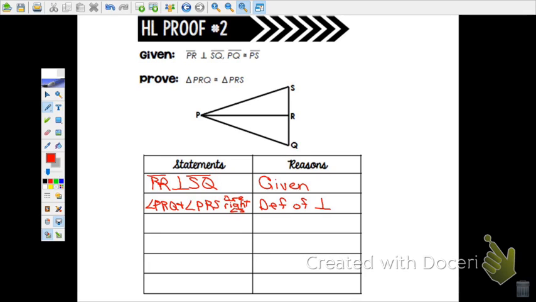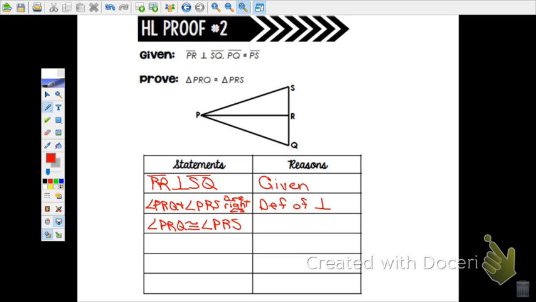Now looking below, what can I do knowing that those angles are right angles? Angle PRQ is congruent to angle PRS.